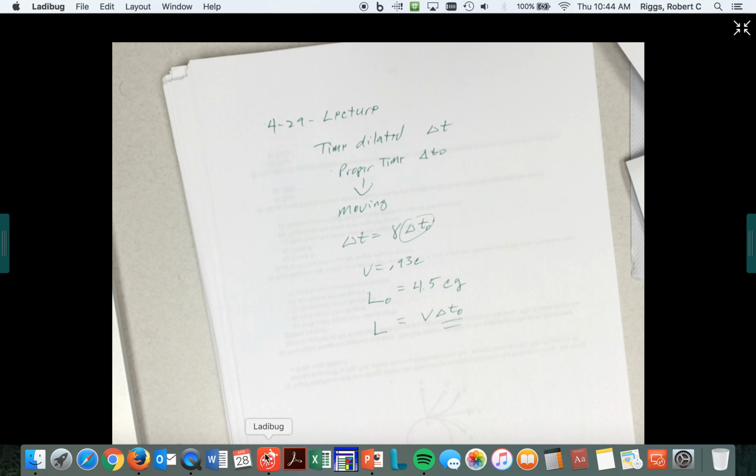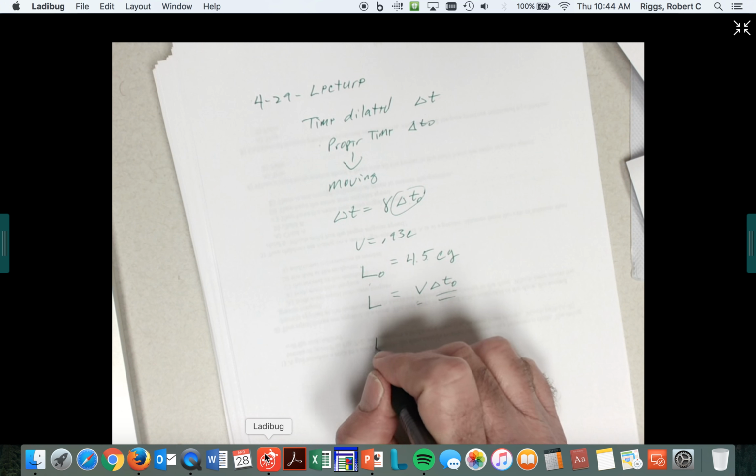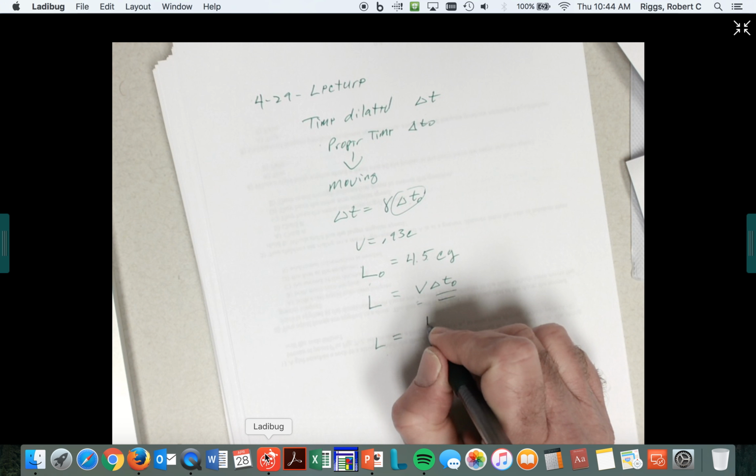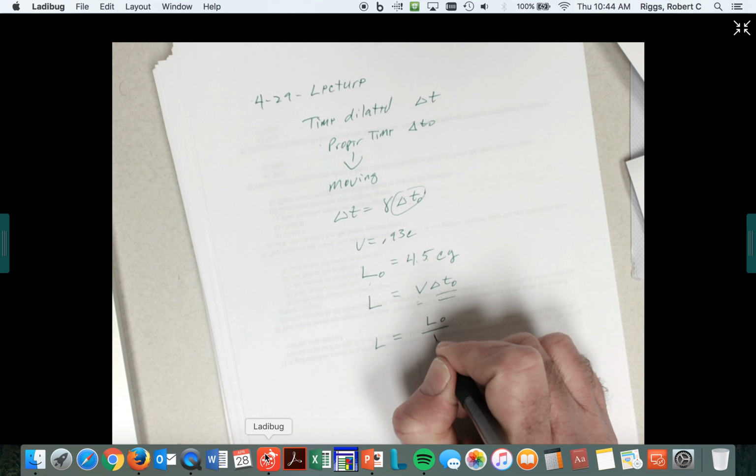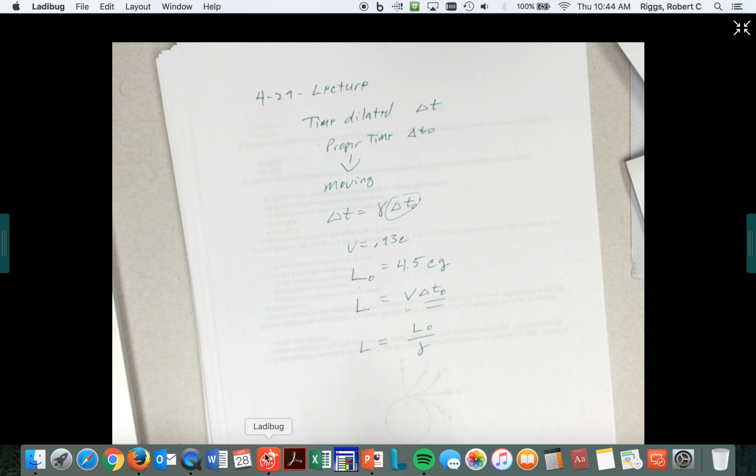I don't know delta t naught yet, but I do know v, I know L naught is this many light years, and I know the gamma function. L is equal to L naught divided by gamma, so I can figure out my proper time using this.